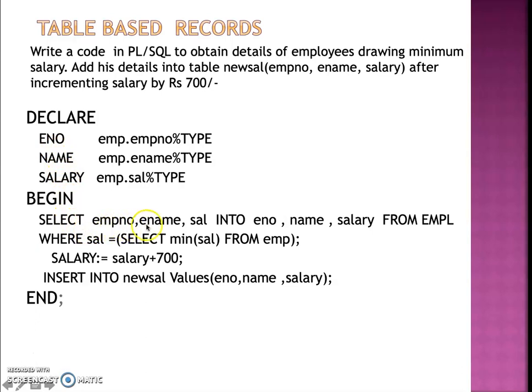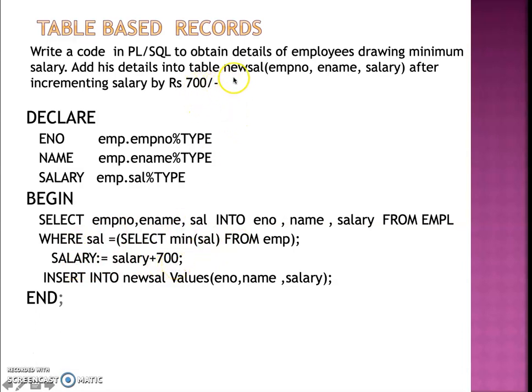Here we see EMP number, ename and sal from the table EMPL is transferred into ENO, ename and salary, where SELECT MIN(sal) FROM EMP will select the minimum salary and increase it by 700.